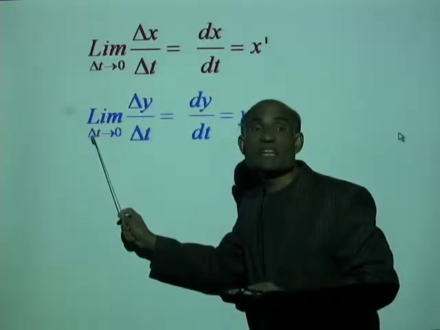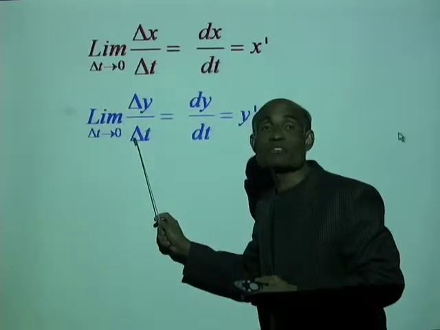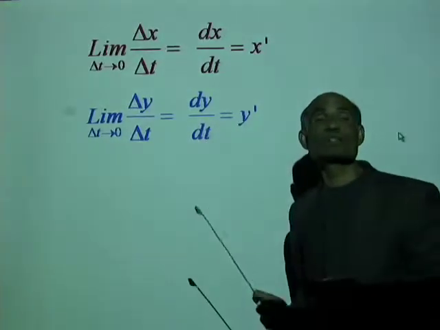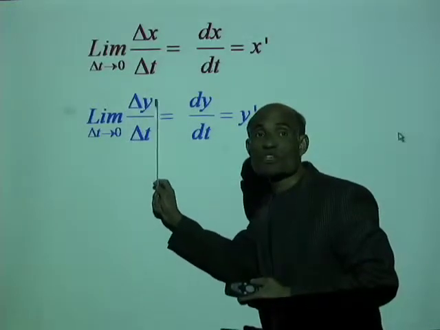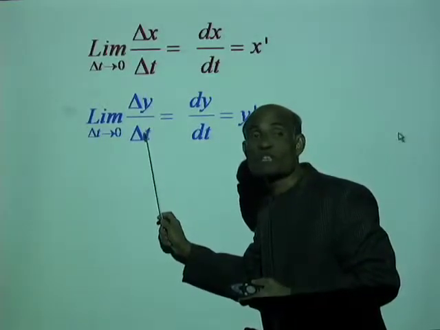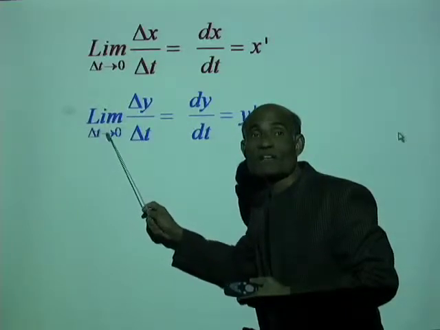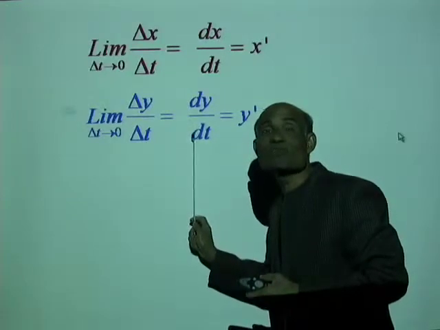Similarly, limit delta t approaches zero, delta y by delta t is dy by dt, and we also write it as y prime. The average rate of change of y with respect to t, the limiting value of that when delta t approaches zero becomes the instantaneous rate of change.